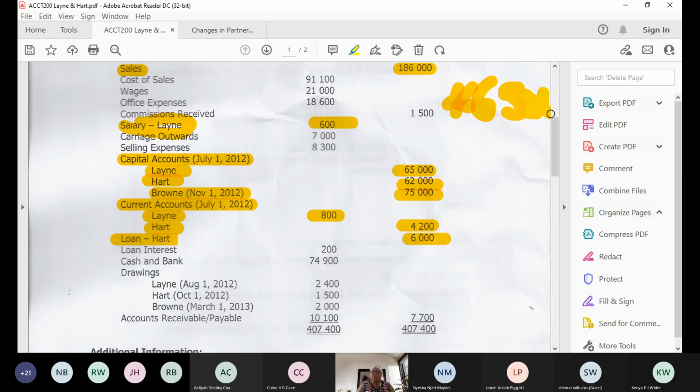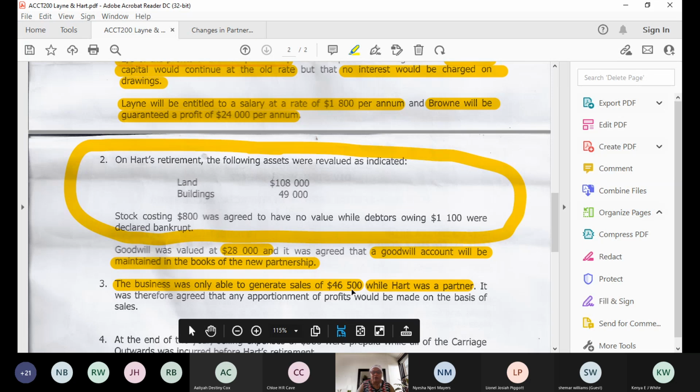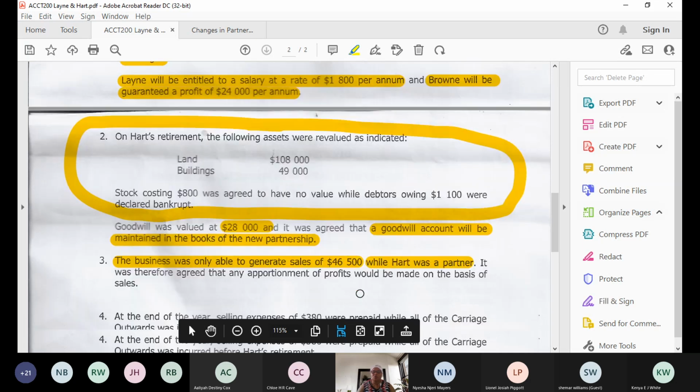So once you take the 46,500 divided by the 186,000 multiplied by 100, you get that 25% there. So 25% of the sales were generated while Hart was a partner, which means that the other 75% were generated while Brown was a partner. So Layne and Hart together produce 25% of the sales, and Layne and Brown together produce the other 75%.